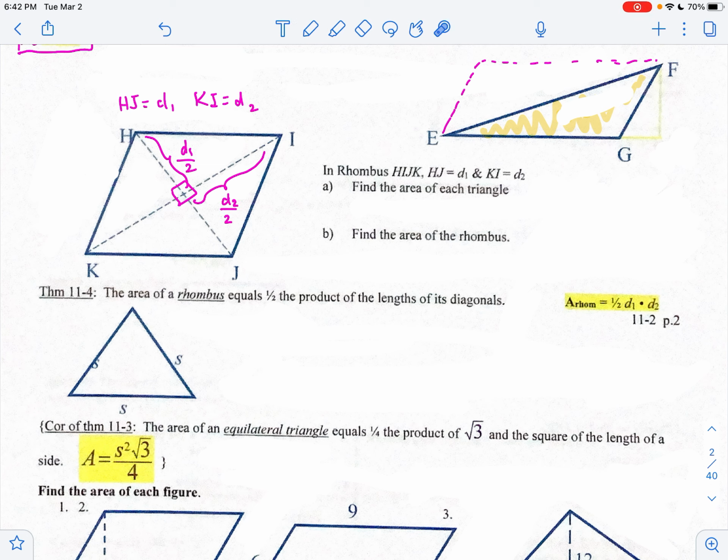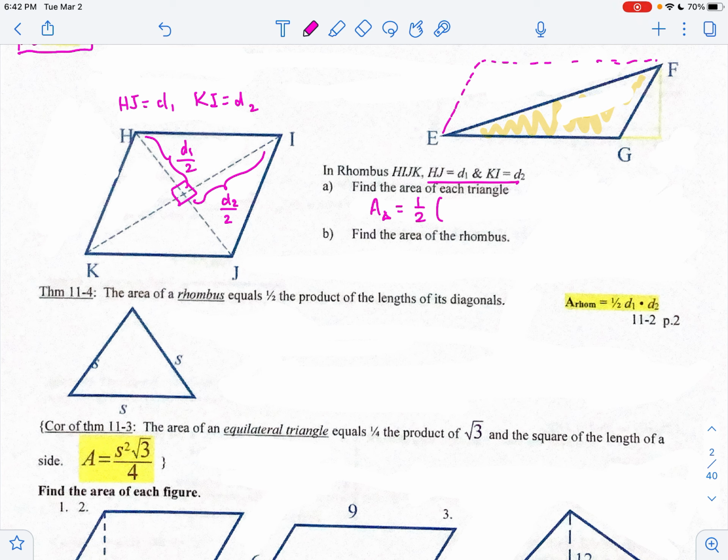Now if I look at my diagram and picture this as 4 congruent right triangles, I can find the area of each one of those triangles and then multiply by 4. Where they're asking you to find the area of each triangle, I can take the area of one triangle being 1/2 base times height.